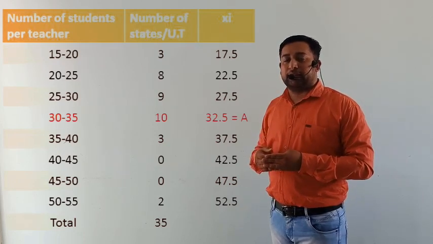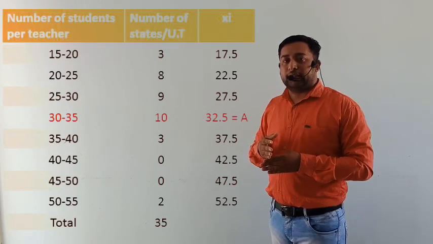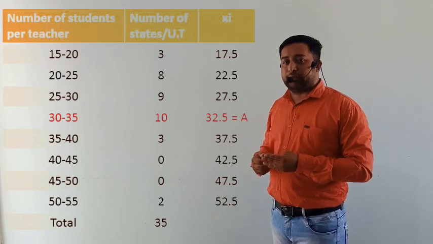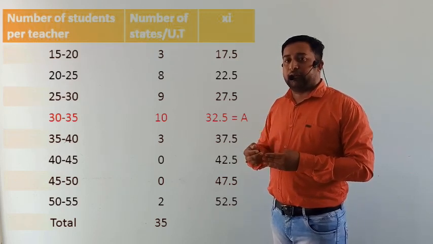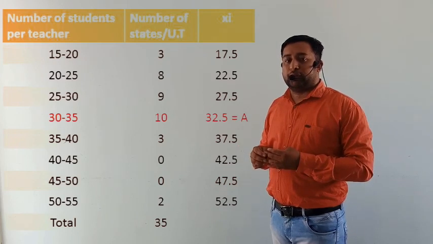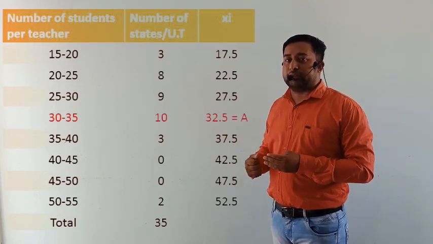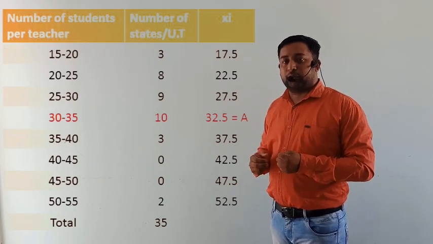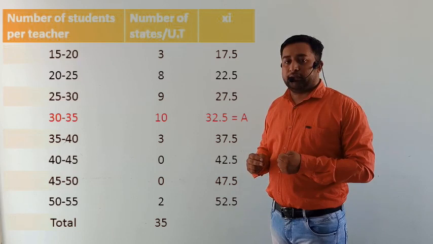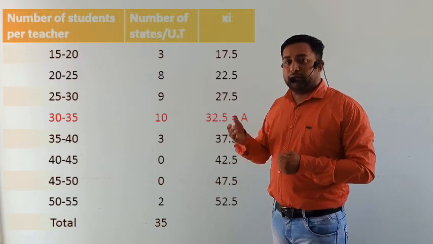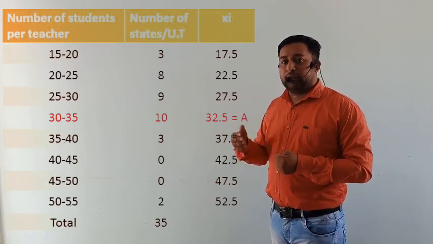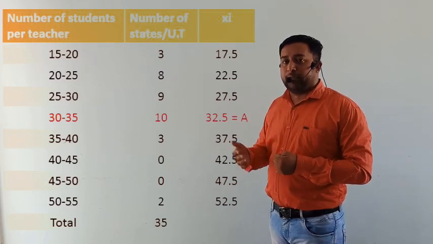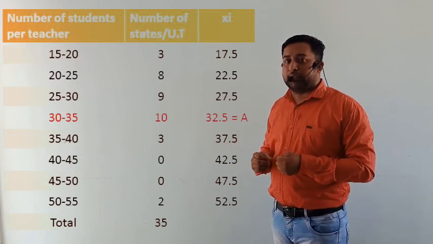For 15 to 20, the sum 15 plus 20 is 35, divided by 2 is 17.5. 20 to 25, 45 divided by 2, 22.5. Adding 5 each time will give you the next midpoint. So 17.5, 22.5, 27.5, 32.5, 37.5, 42.5, 47.5, 52.5.